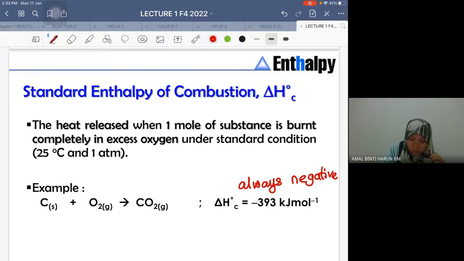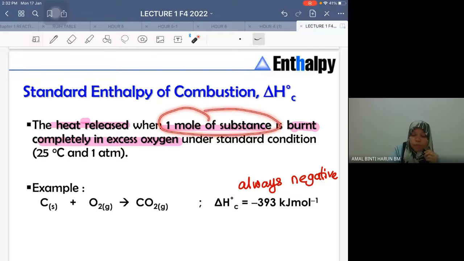Okay, mana lagi? The heat release when 1 mole substance is burned completely in excess oxygen under standard condition. Alright, by looking to the definition, 1 mole of substance burn. So substance burn ni duduk dekat sebelah mana? Dekat sebelah kiri ke dekat sebelah kanan?